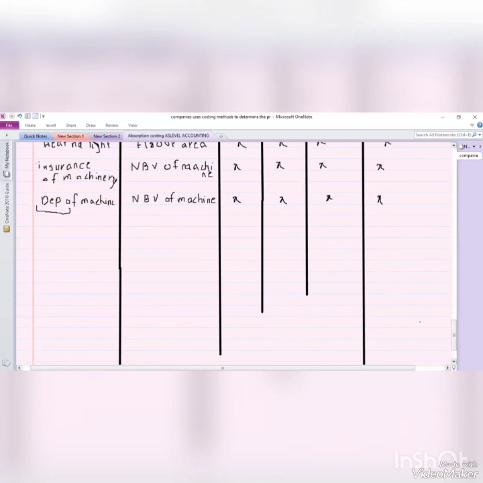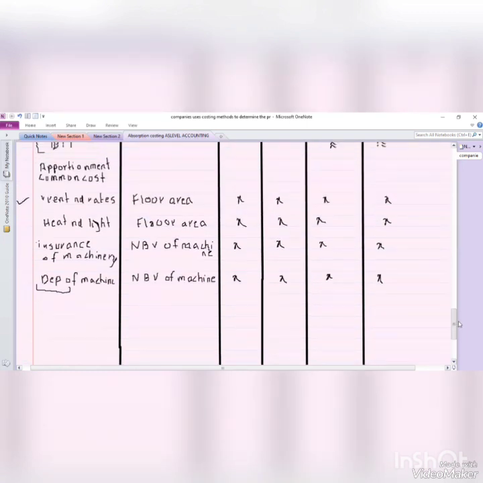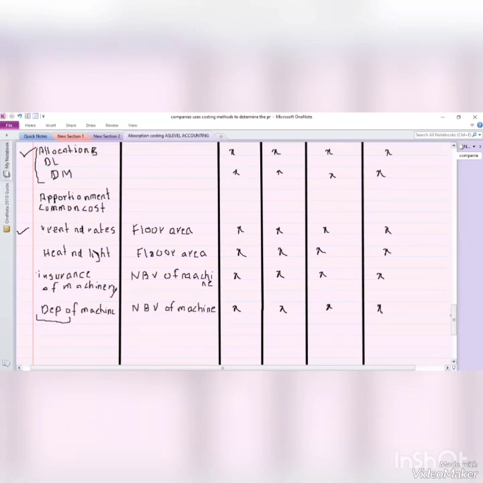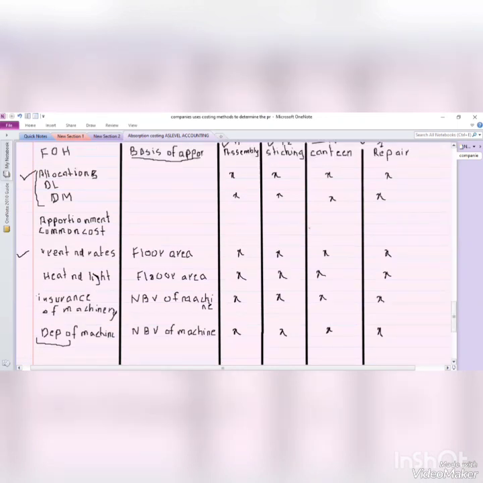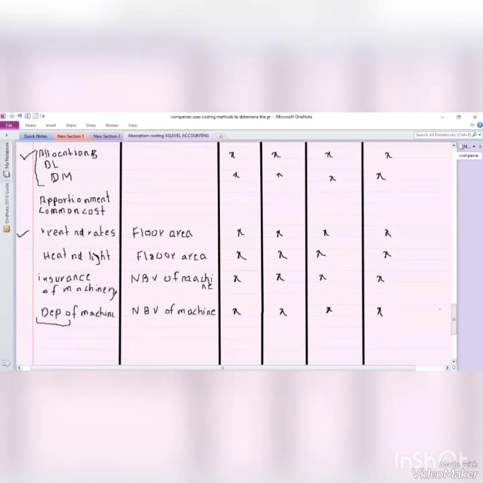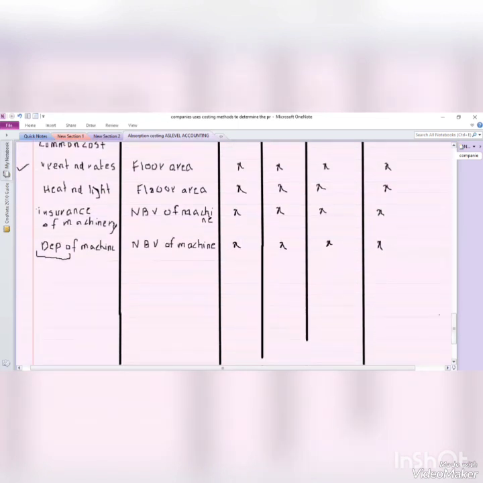Okay. So after that, what you are going to do is add the direct labor and direct material to all these common costs, the fixed overheads.